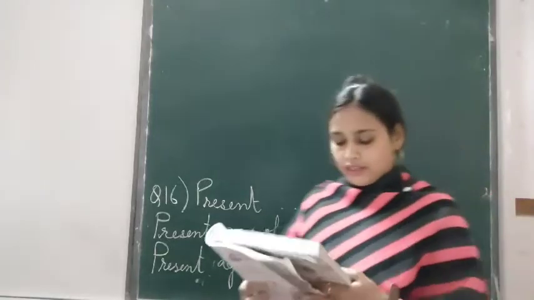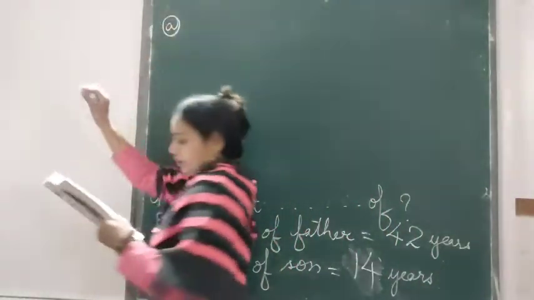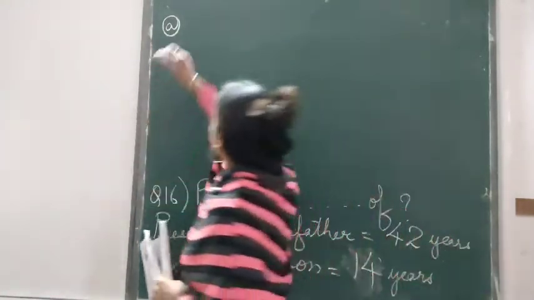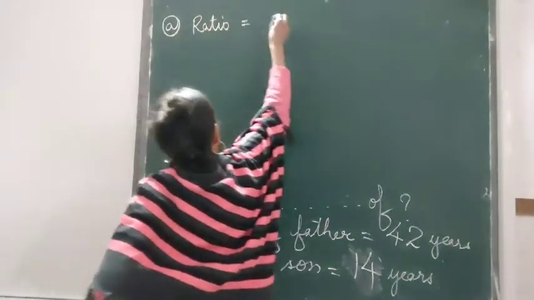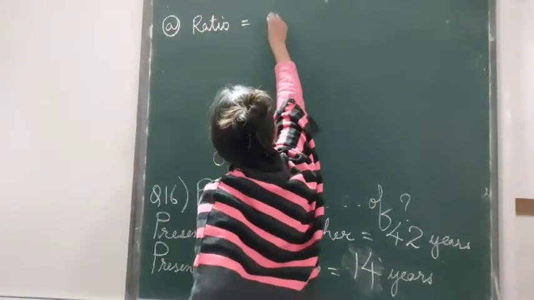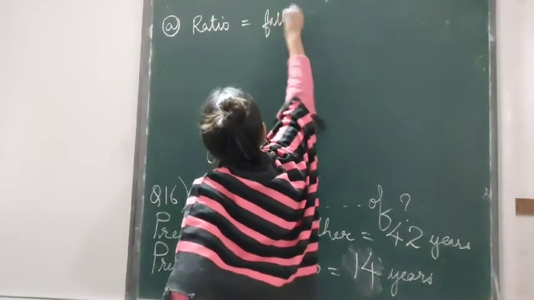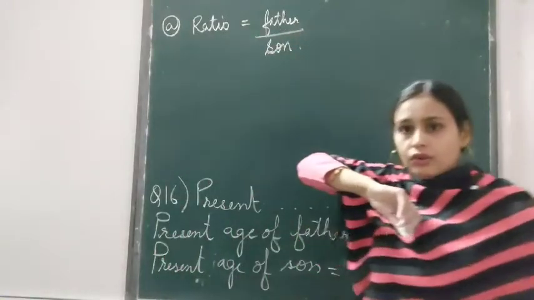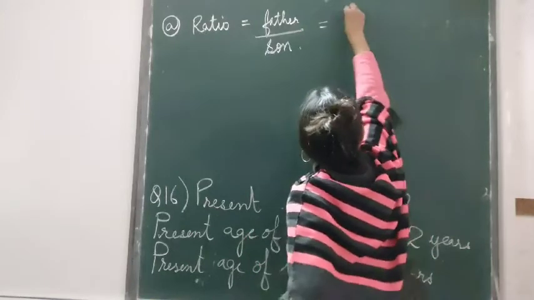Now we have to find the ratio of present age of father to present age of son. So what is father's present age? 42.